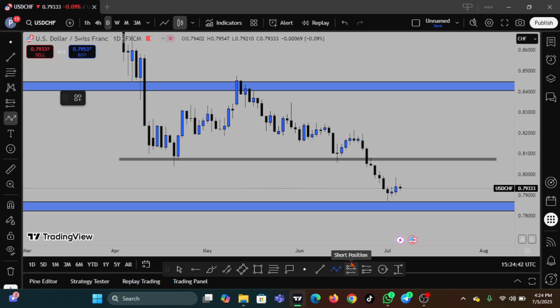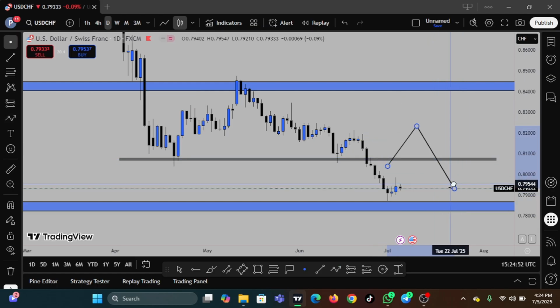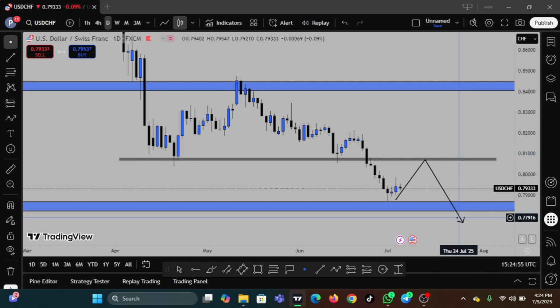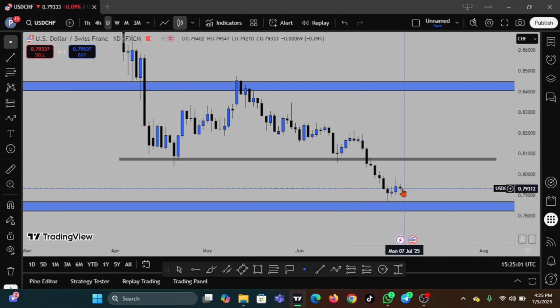That is why I'm expecting a strong dollar next week. So we may have a pushback here too before we continue moving downward. And if price should break above this level, then we may want to see the dollar gaining back its strength. But currently I'm seeing a pullback. A pullback is expected to happen.